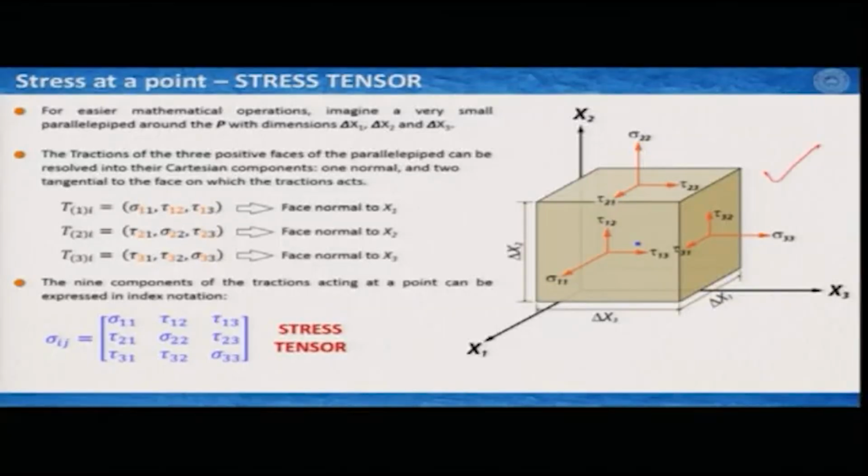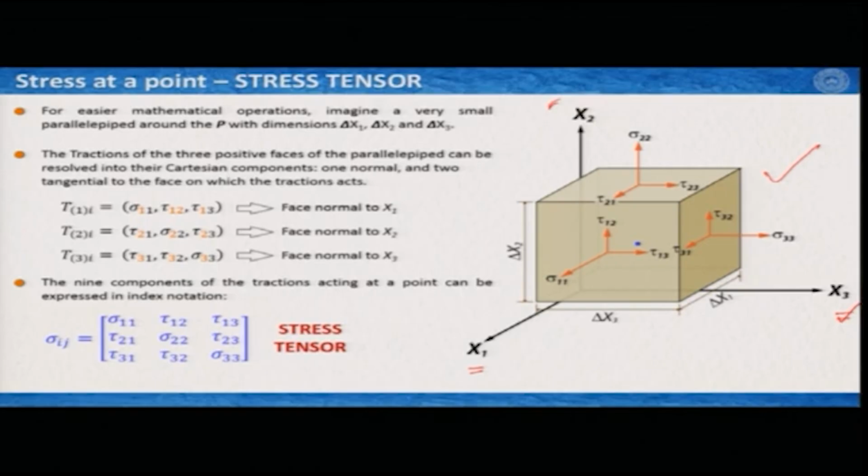We have this reference frame in Cartesian coordinates, x1, x2, and here is x3. This blue dot here is the point P, and we have considered 6 planes. On the positive side, we are seeing 3 planes, and there are of course 3 planes on the other side.